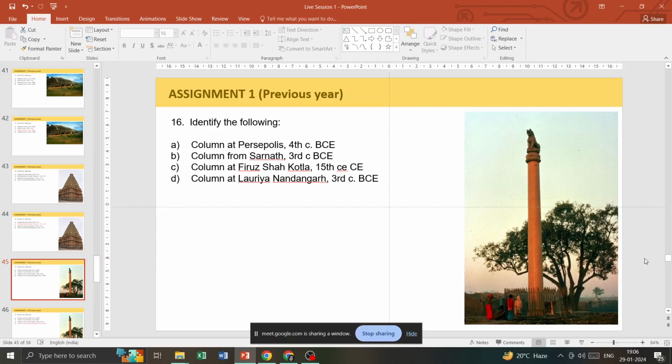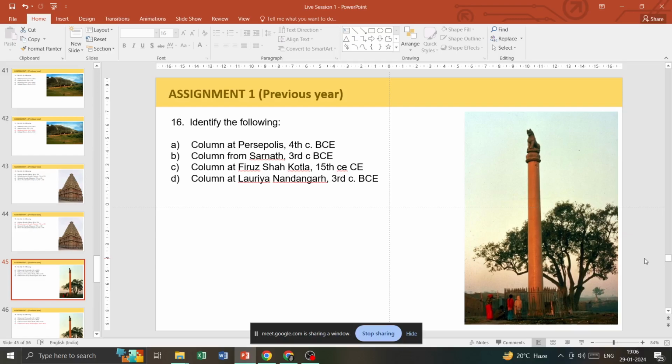Lauria Nandangarh is a small town in Champaran district of Bihar, and the main attraction in this city itself is this pillar. It was found during the excavation, and it is a symbol of the glorious history of Nandangarh. You can see it has one complete lion.